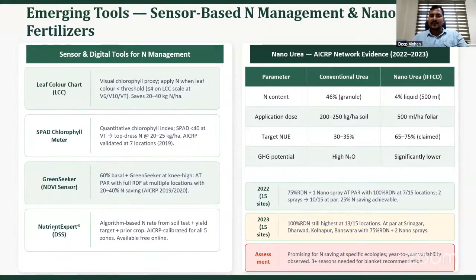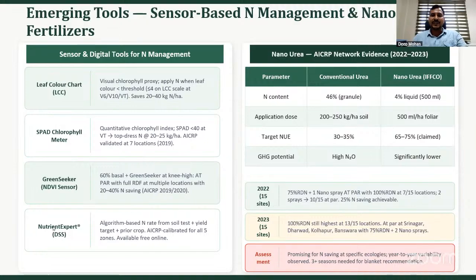And the GreenSeeker is an optical sensor. It measures the NDVI of the crop, meaning greenness of the crop. The farmer walks into the field, carries the sensor, it reads, and the result goes to an algorithm. The output suggests how much nitrogen, exactly how much urea, is to be applied. So these are the different digital tools and sensors for nitrogen management.